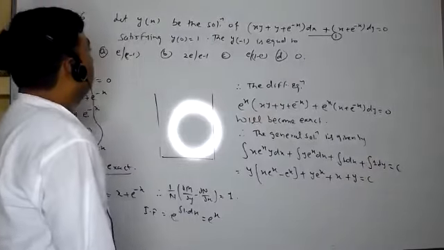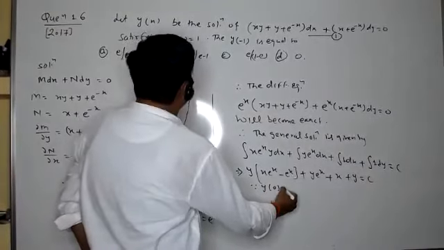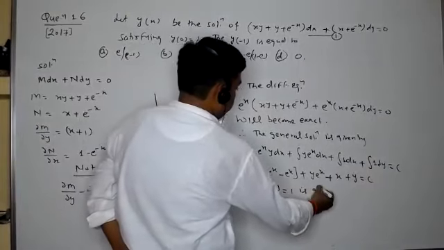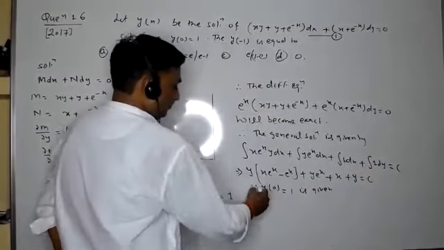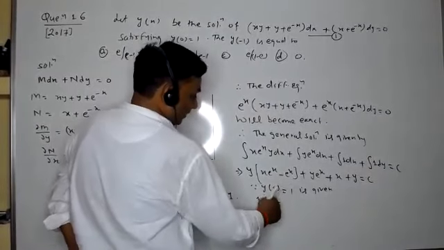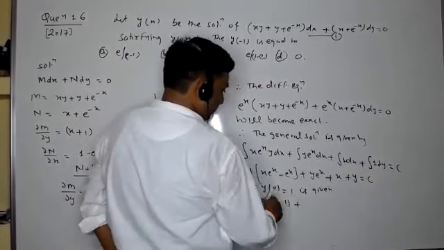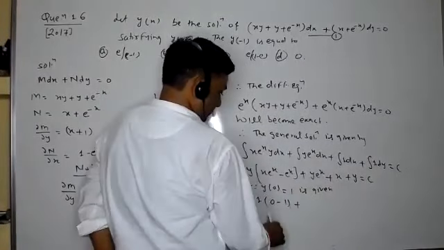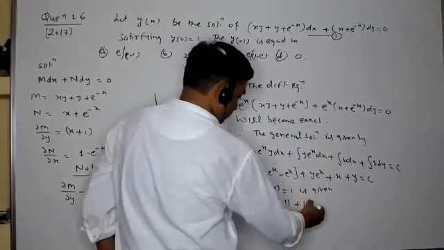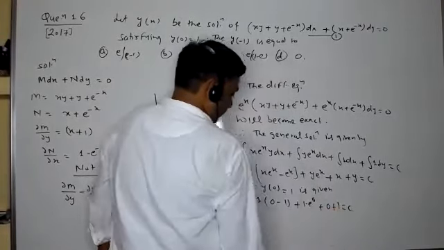What is asked? y at 0 equals 1 is given. So let's try. This will become 1 into 0 minus e raised to the power 0, which is 1, plus y at 0 is 1, so 1 into e power 0, plus 0, equals c.